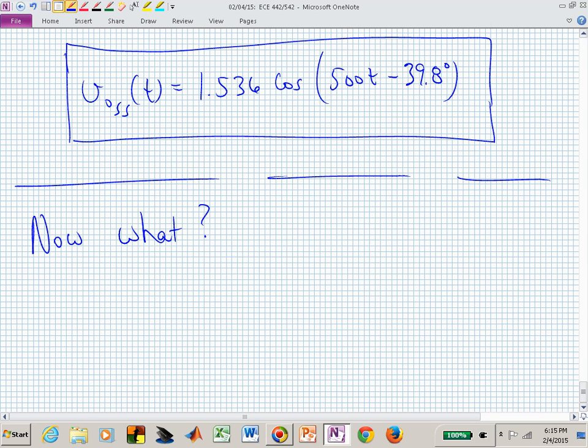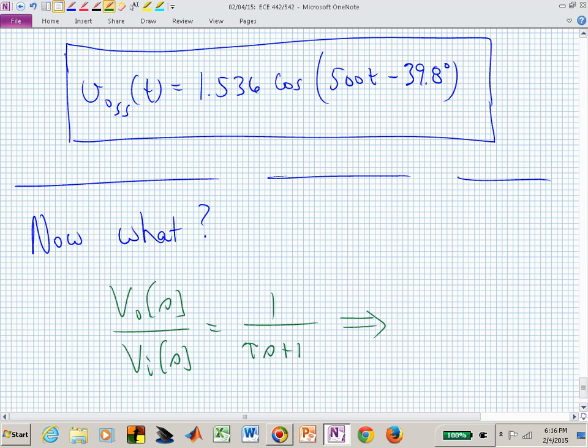So how do we do that? We have the transfer function. We have this ratio of output voltage to input voltage is 1 over tau s plus 1.